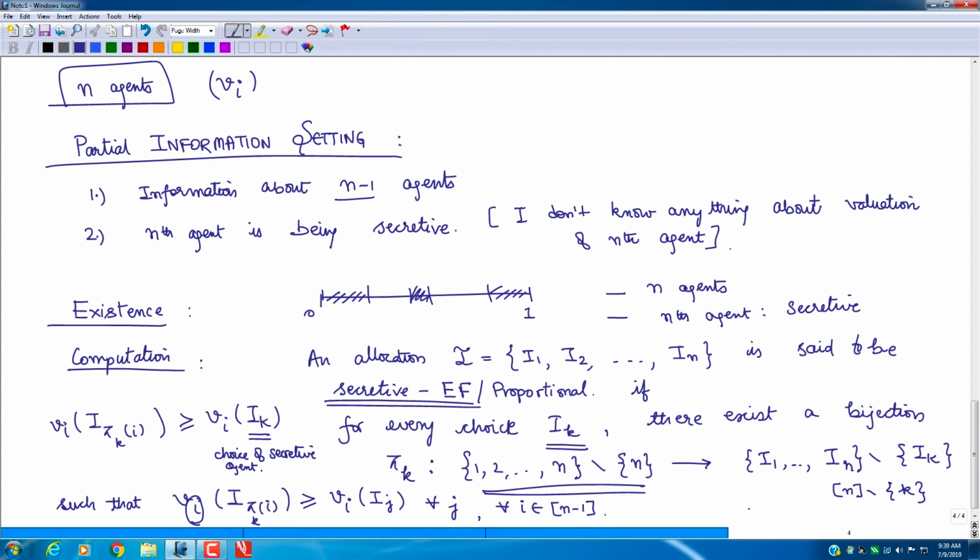And also they must not be envious of the nth guy as well, although he got to pick first, and although we made the allocation without any knowledge of his valuations. So this is a strong setting, and we will see what happens here.